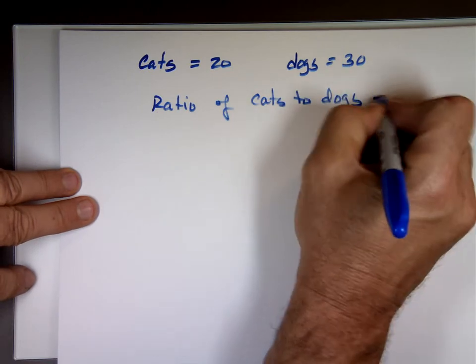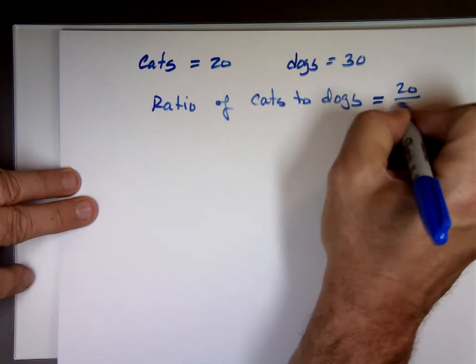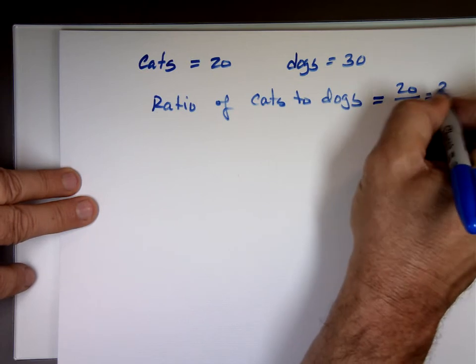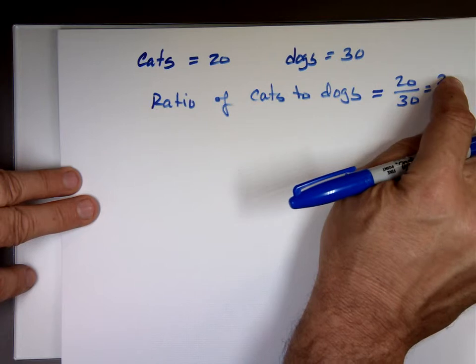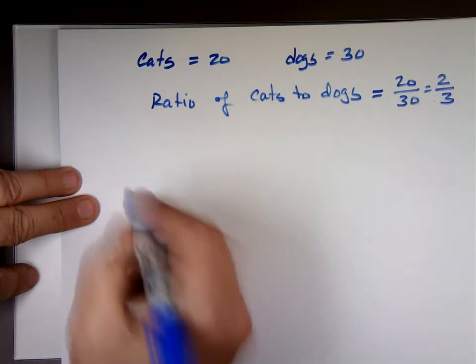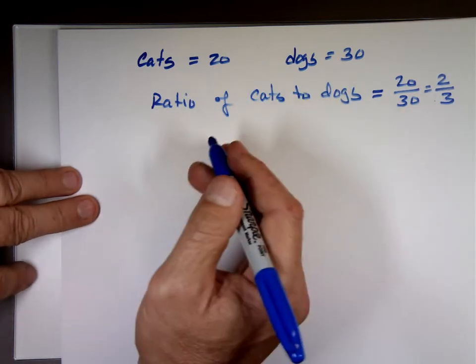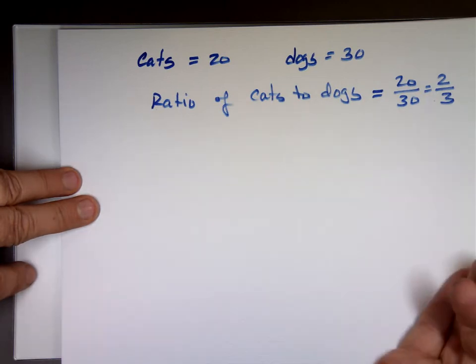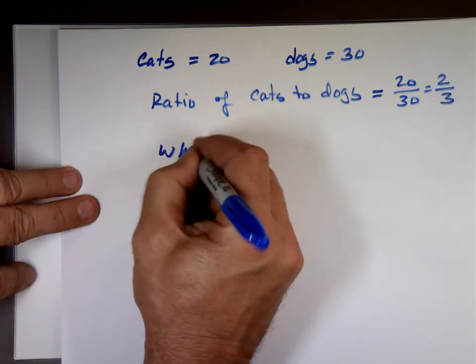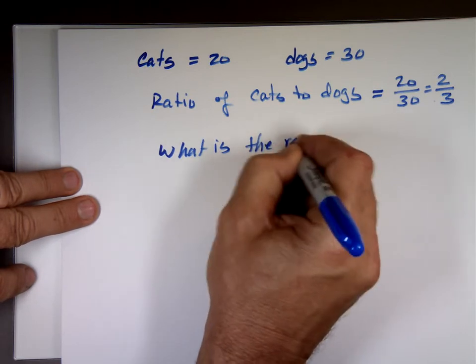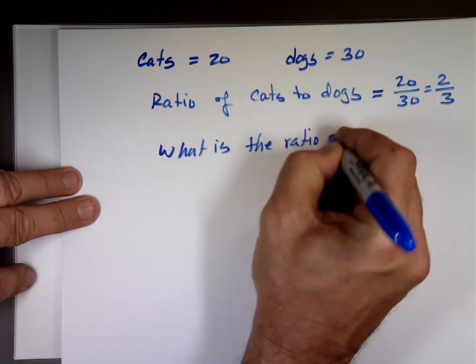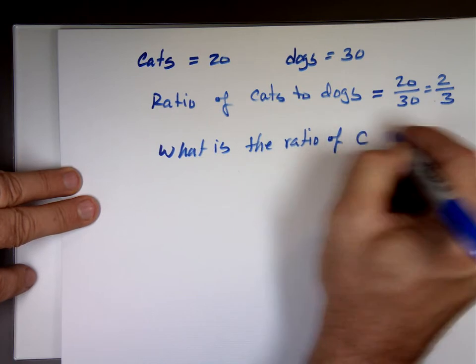That says 20 over what? 30, which is what? 2 to 3. For every 3 dogs, you have how many cats? 2. So if you want to use letters, what is the ratio of C to D? C on the top, D on the bottom. So if I say, what is the ratio of cows to donkeys?